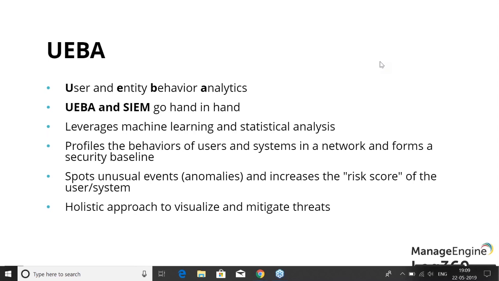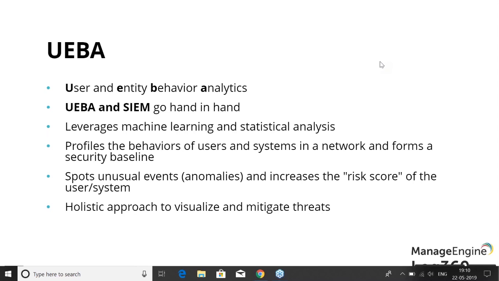Maybe this particular user logs in from 9 a.m. to 5 p.m. Maybe they access server ABC. It could be anything. Each user and entity in your network is very unique, and each of them behaves differently on a given day. So by leveraging machine learning, you are able to identify each and every user and system's normal behavior so that when something out of the ordinary happens, an alarm can be raised.